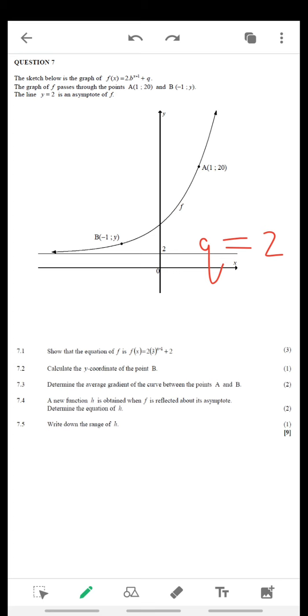Okay, remember, even if the function is reflected, for the fact that we are not told that it is reflected along the x-axis only, then it means we must keep the same horizontal asymptote. Very important. Okay, so we are going to reflect it about the x-axis, then shift it to have the same horizontal asymptote by adding 4 units. So let's do that. 7.4.